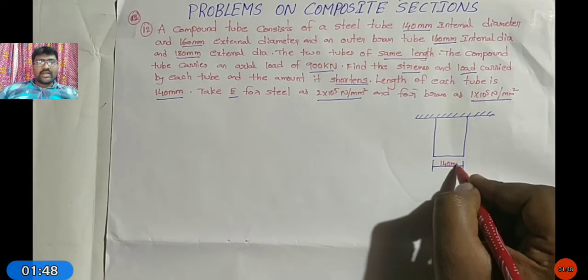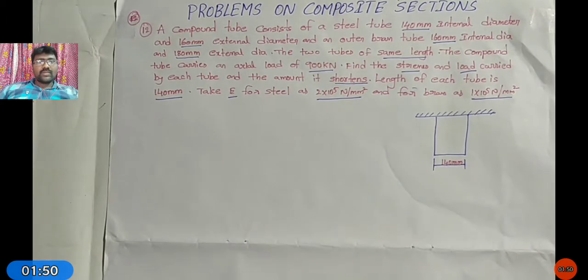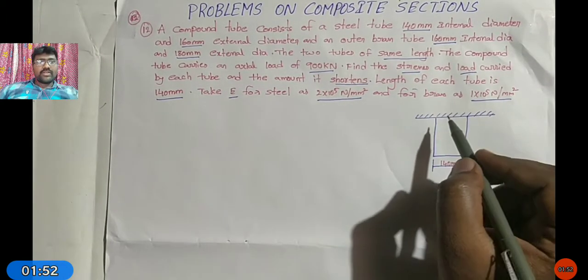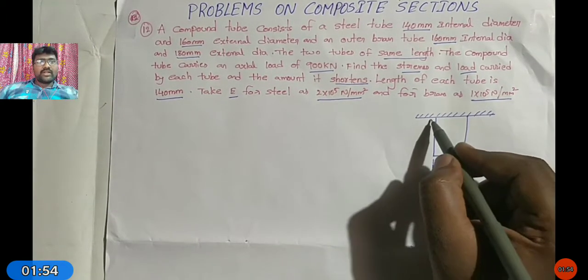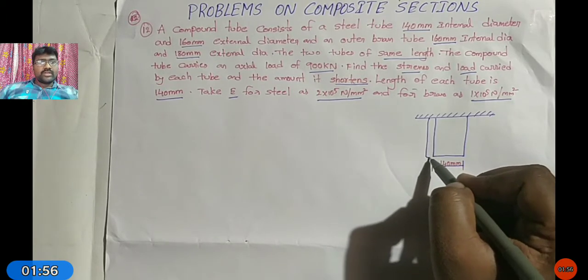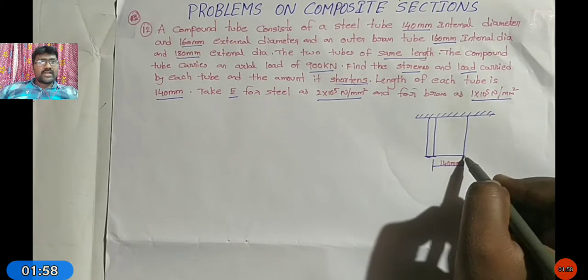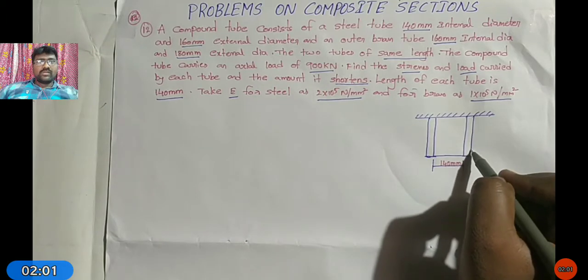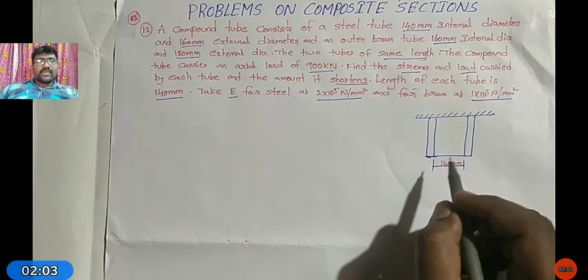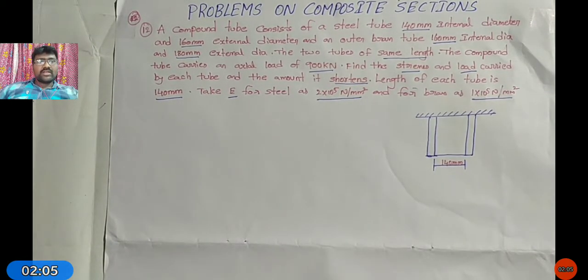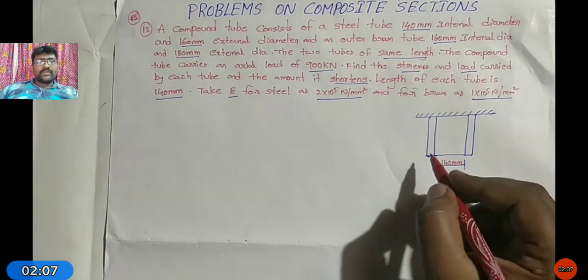Next, draw the outer diameter of the steel tube. The given dimension is 160 millimeters. It is the outer diameter of the steel tube.